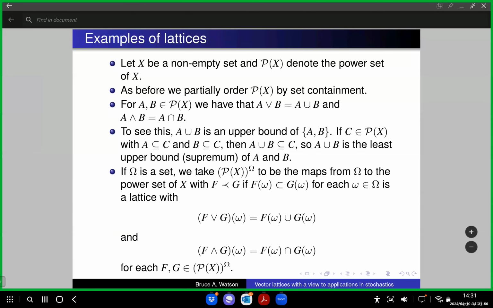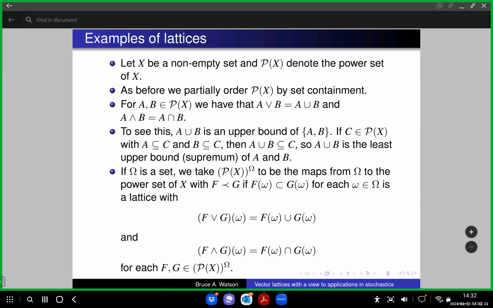And we are going to go through a stock of relatively well-known examples. We start off with a non-empty set X, and we denote by P(X) the power set of X. As before, we can partially order the power set by set containment.